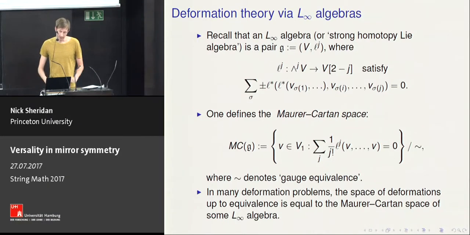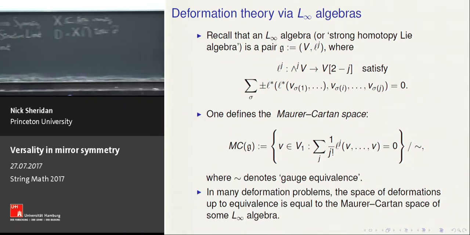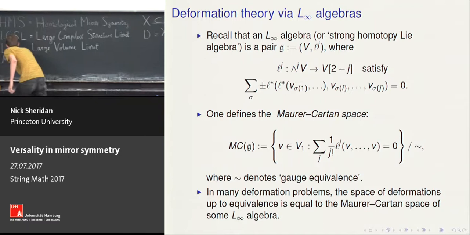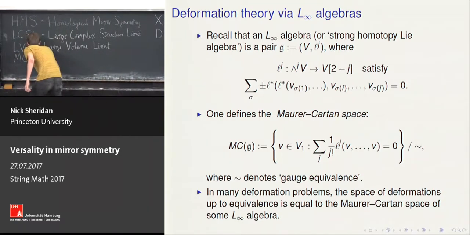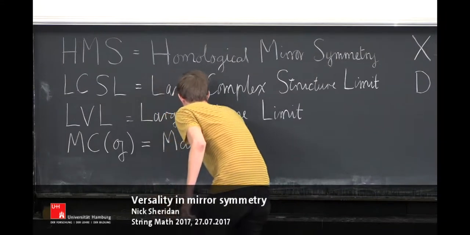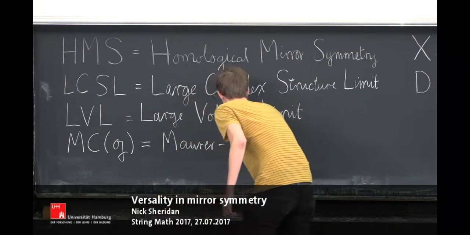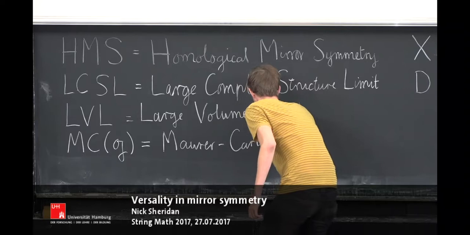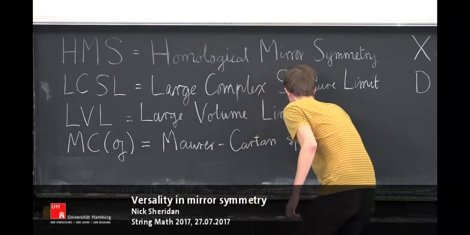And given one of these guys, we can study the Maurer-Cartan space. So I'm going to put this one here as well. This is the space of solutions to the Maurer-Cartan equation, which I've written there.